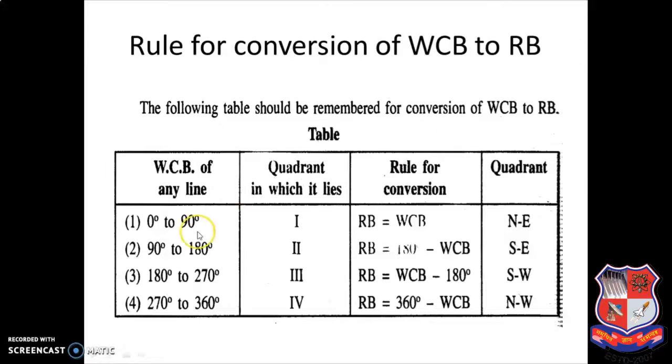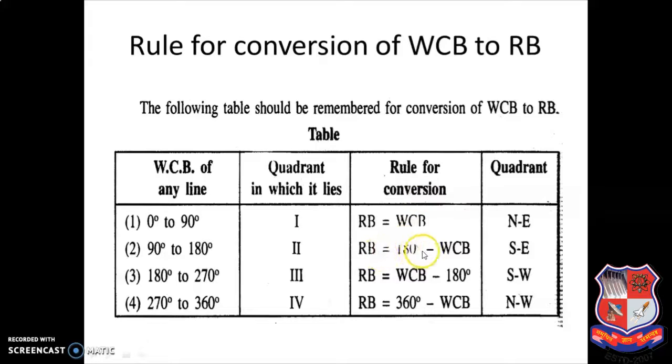So here one table is given which is generally used when you have to calculate the RB. You can see WCB of any line means WCB is given and the quadrant in which it lies. Suppose WCB of a line lies 0 to 90 degree, which lies in the first quadrant. What is the rule of conversion? RB is equal to WCB. Quadrant is northeast. Same way, if WCB of a line lies in 90 to 180 degree, quadrant is second.